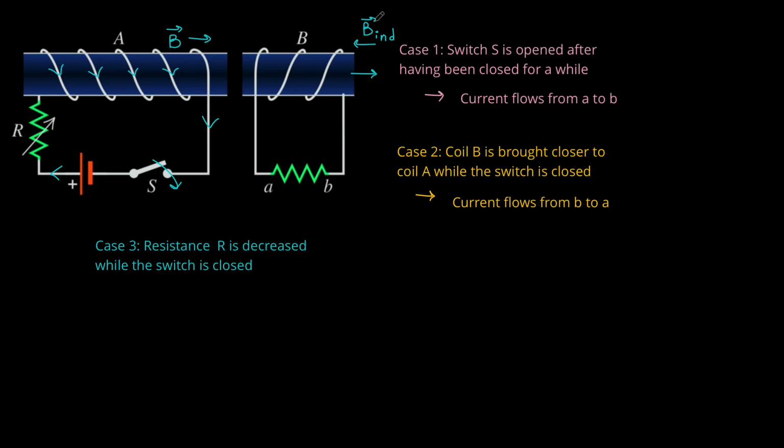So the induced magnetic field is again pointing to the left. By the right hand rule, the direction of the induced current in the coil looks like this. And the direction of the induced current in the rest of the circuit is again clockwise. Therefore, induced current flows from B to A.